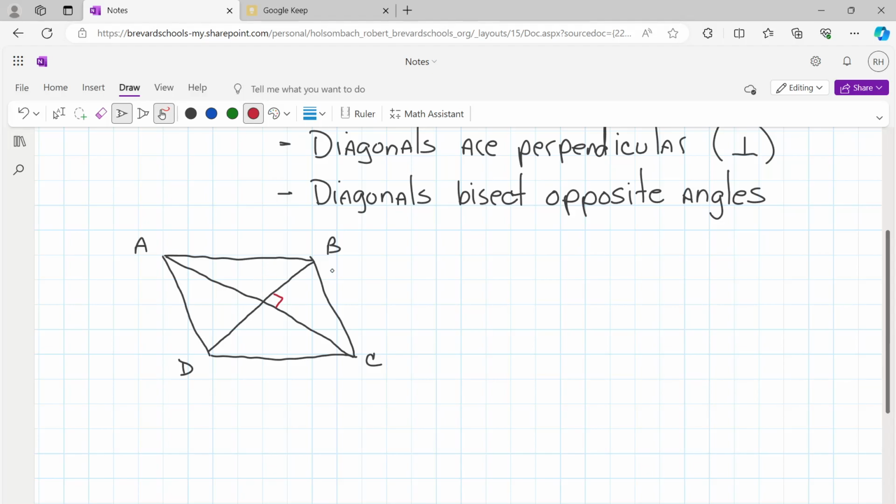All right, the other thing about this rhombus is that all these sides are congruent. And then these diagonals create more angles, right? So we've got angle 1 right here and angle 2, angle 3 and angle 4.